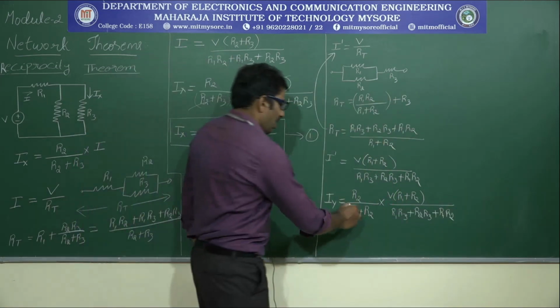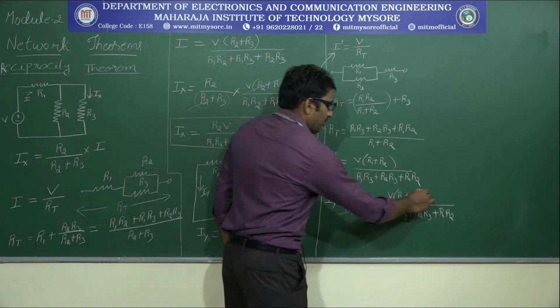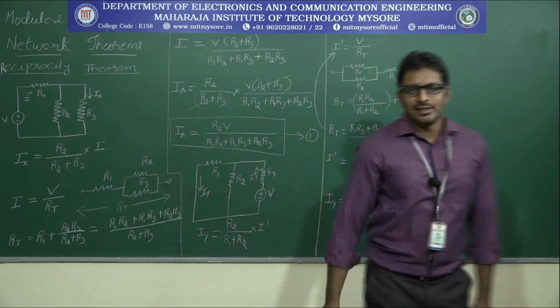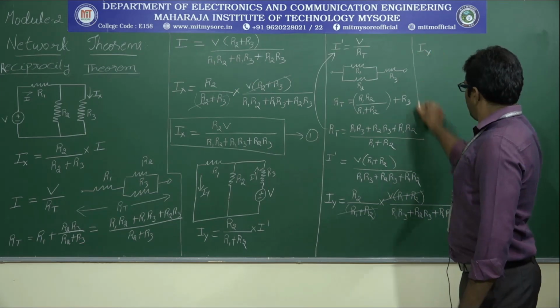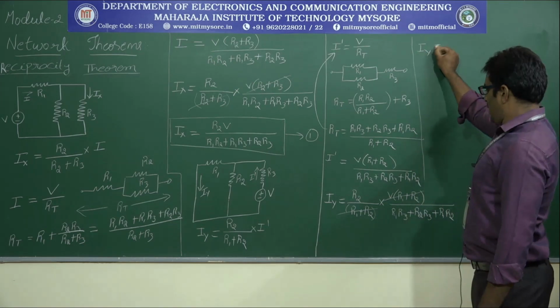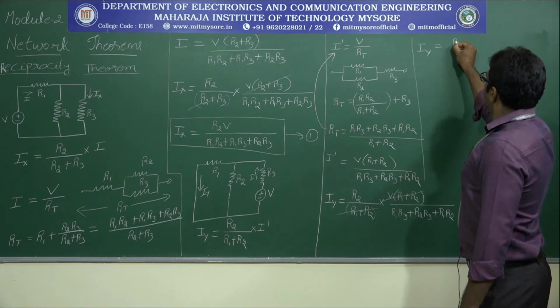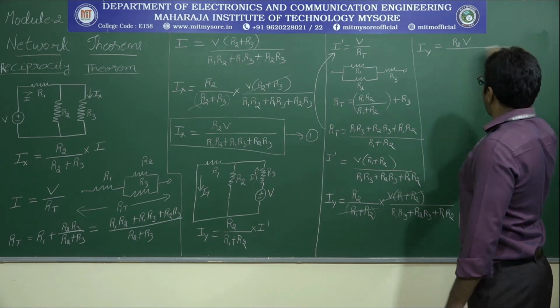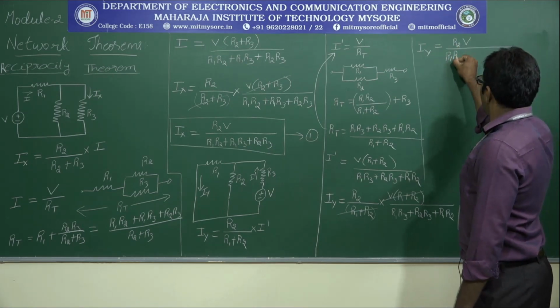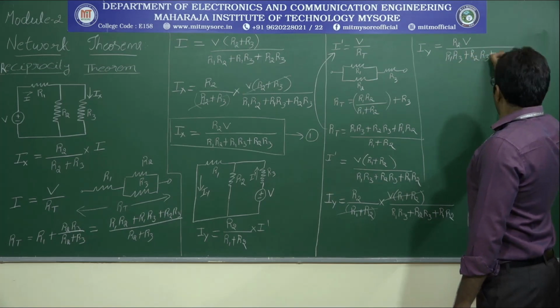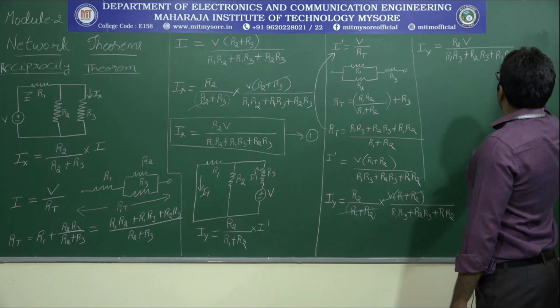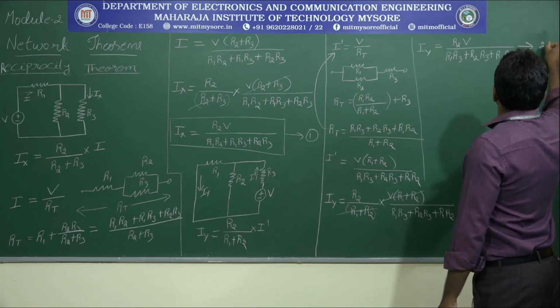So R1 plus R2 and R1 plus R2 get cancelled. Therefore, Iy is equal to R2 into V divided by R1 R3 plus R2 R3 plus R1 R2, and call it equation 2.